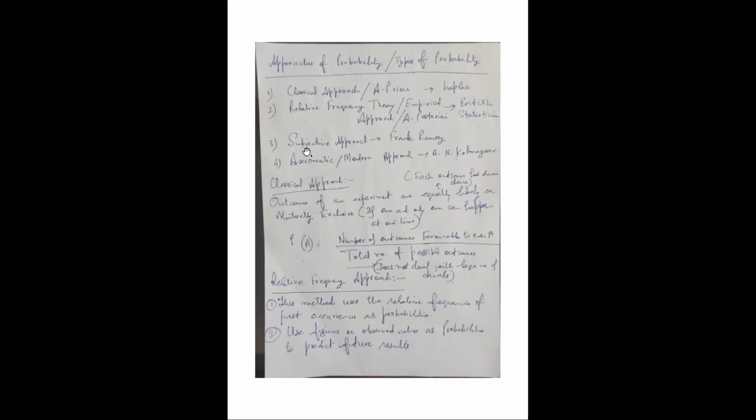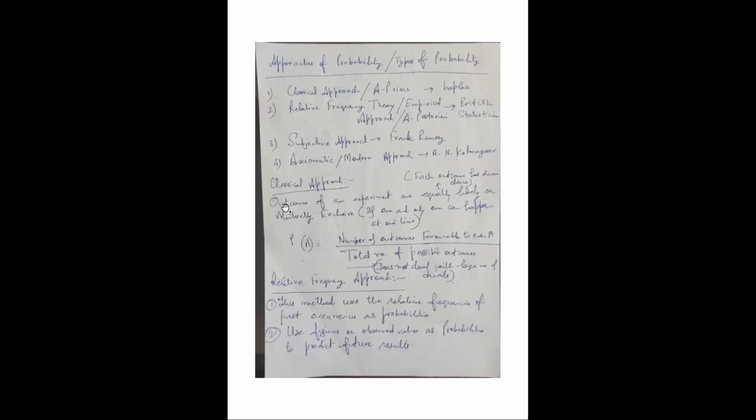The third approach is the subjective approach. It was given by Frank Ramsey, and the final approach is the axiomatic or the modern approach, and it was given by A.L. Kolmogorov. Now let us look at the first approach, which is the classical approach.